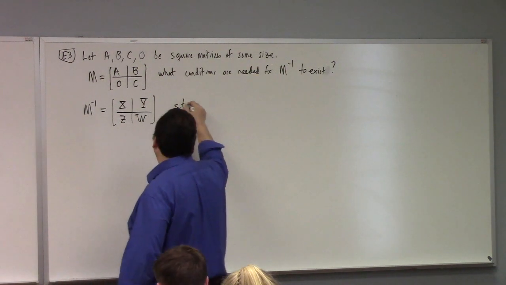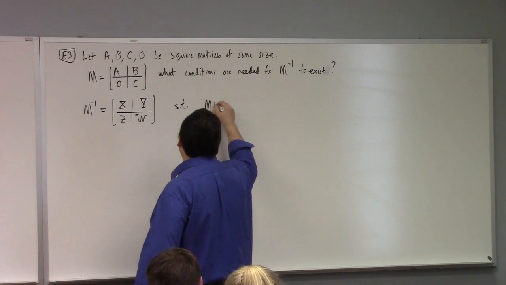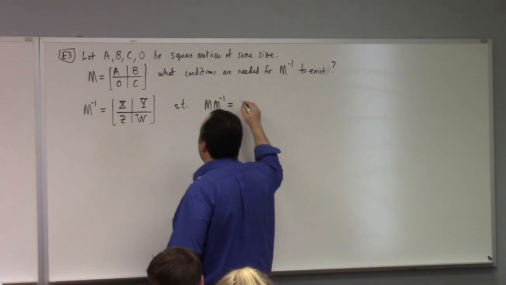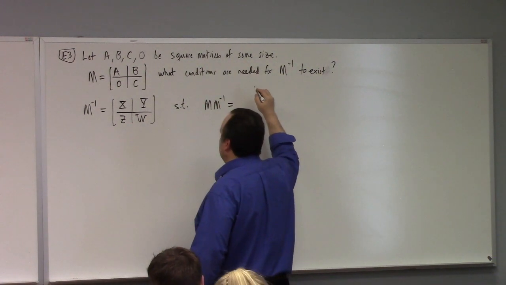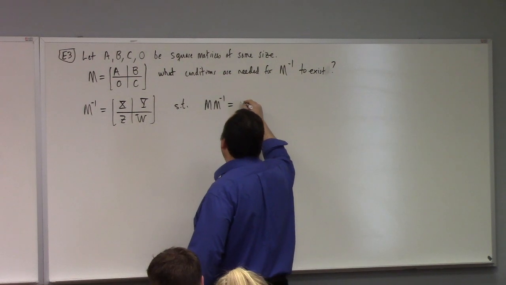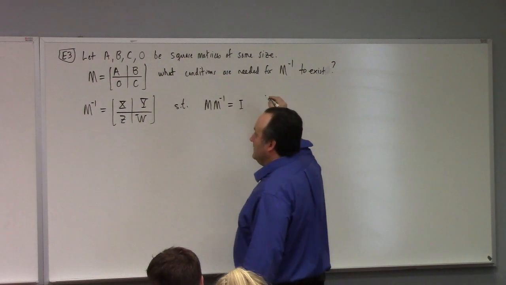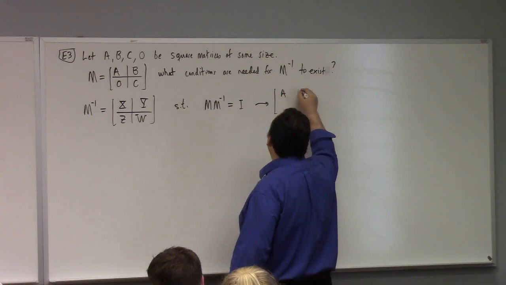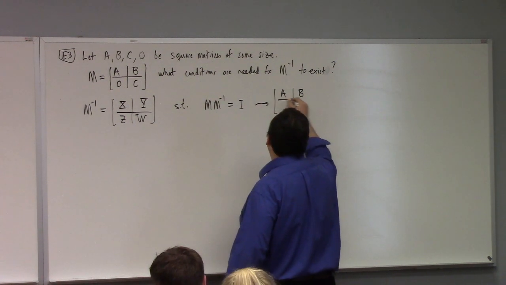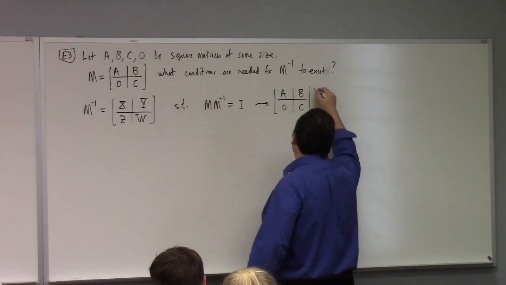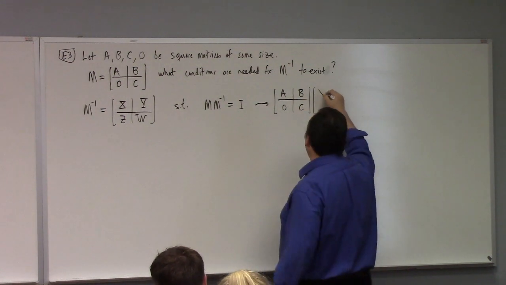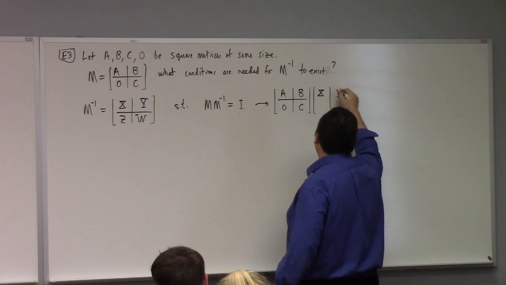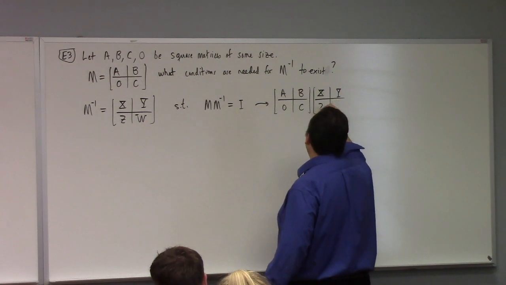Such that M times its inverse is equal to what? The identity matrix, right? So here, that means we're up against A, B, 0, C, times these matrices we don't yet know, X, Y, Z, W.